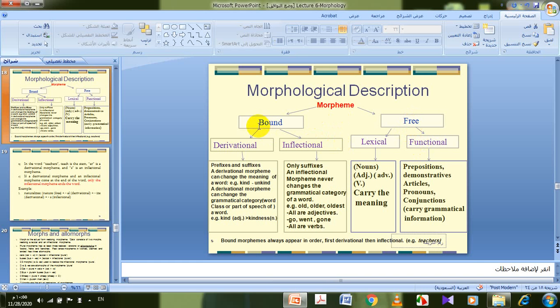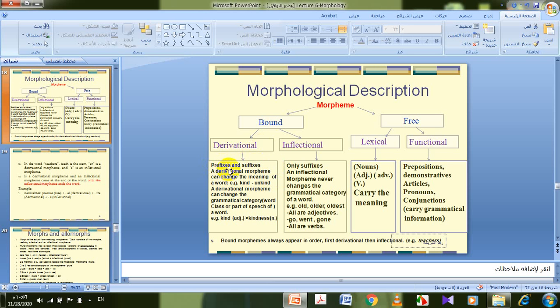However, bound morphemes we have derivational and inflectional. Derivational morphemes can be prefixes and suffixes, both. A derivational morpheme can change the meaning of a word, because they are prefixes and suffixes.